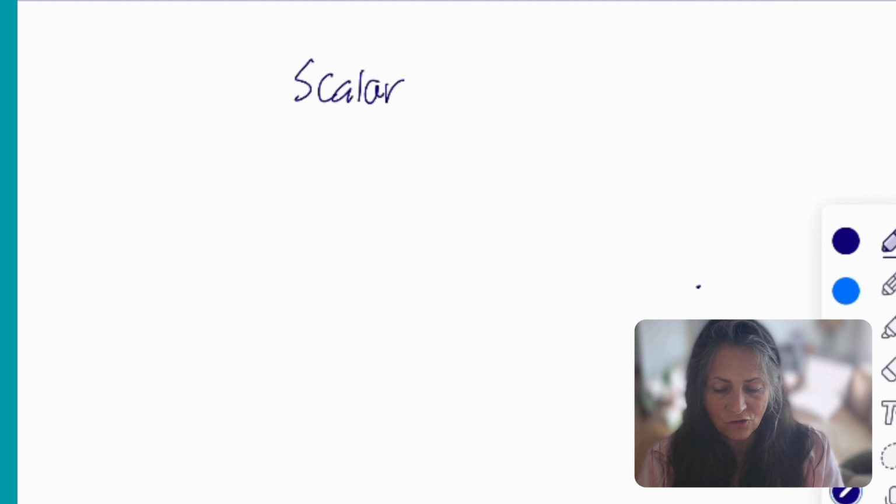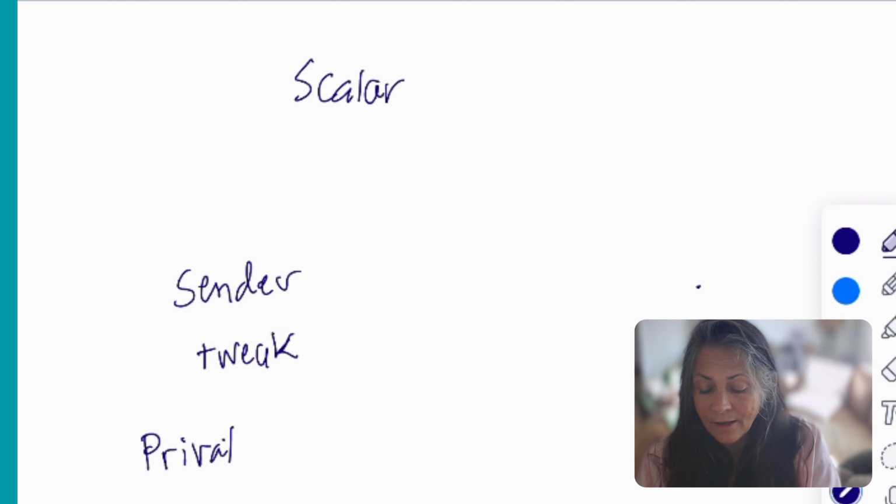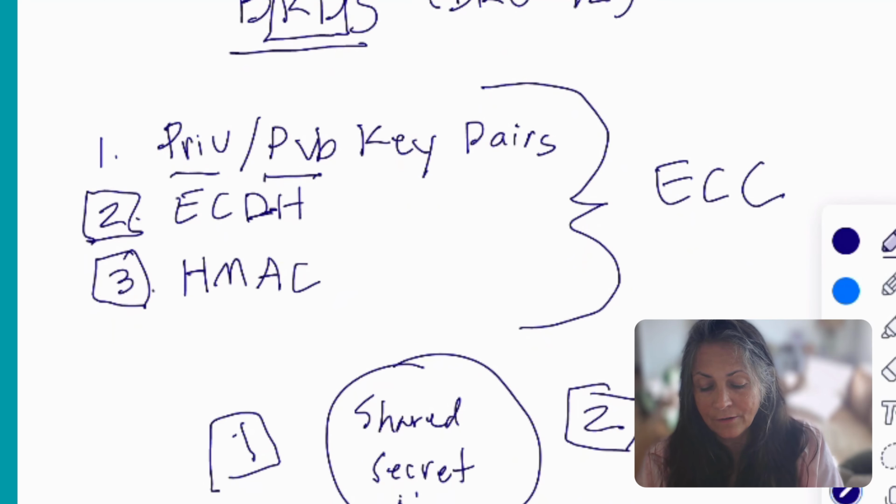But that integer is used by the sender to tweak their own private key. It has to be the same key that we started with up here.